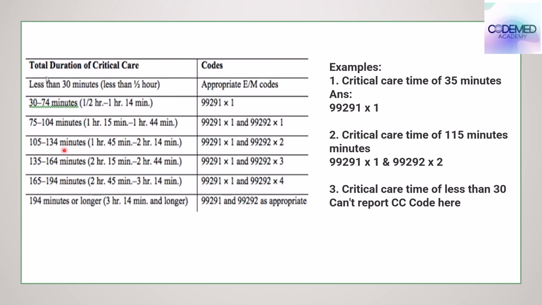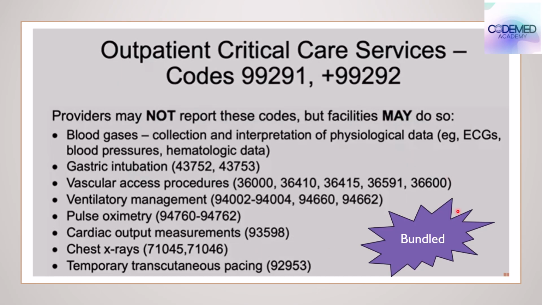So 115 minutes is here. So 99291 times 1 and 99292 times 2. And for critical care time of less than 30 minutes, we can't report critical care codes here. So this is a very good table which you will use whenever the time is given in your scenario. Now let us understand this.